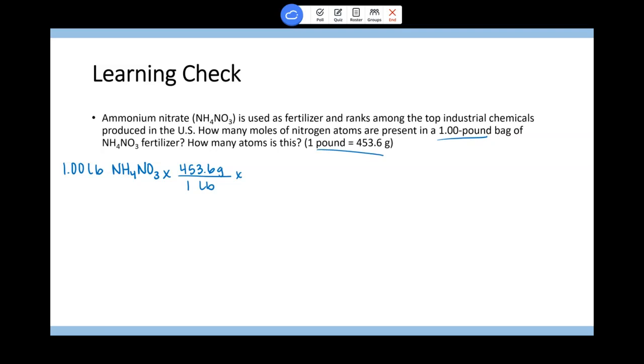We can convert to moles of ammonium nitrate using its molar mass. Now we don't know the molar mass, so we need to find the molar mass of NH4NO3.